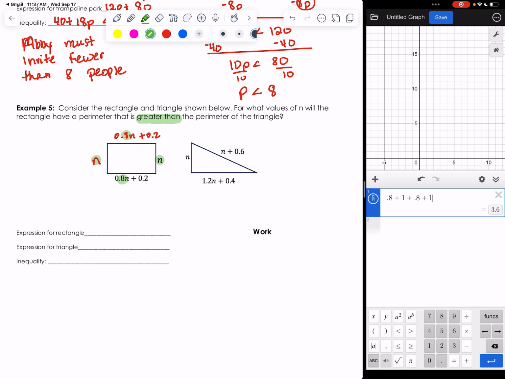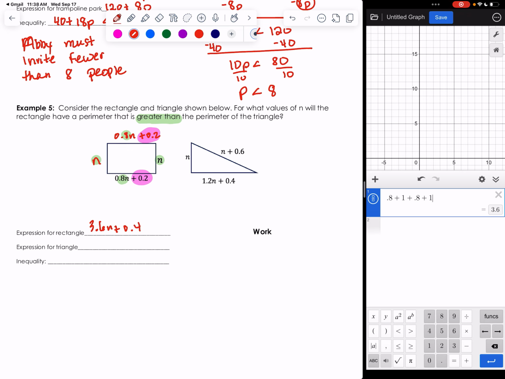So that is 3.6n. Now I need to add my constants together. 0.2 plus 0.2. So that would be plus 0.4.